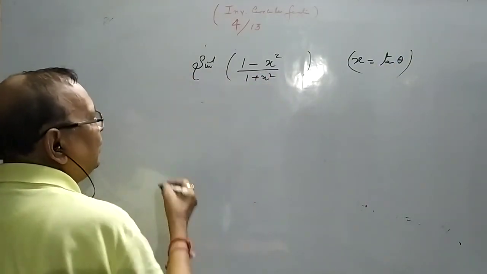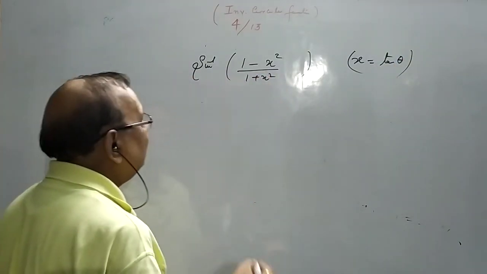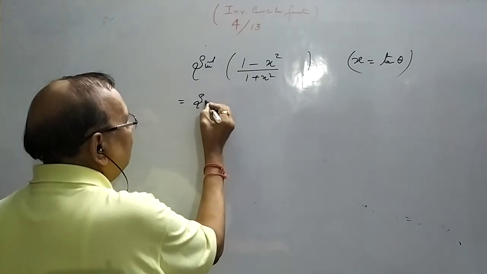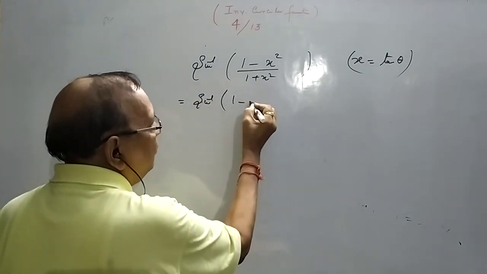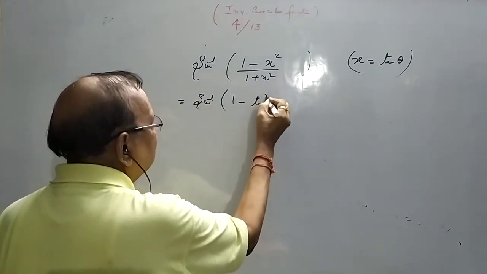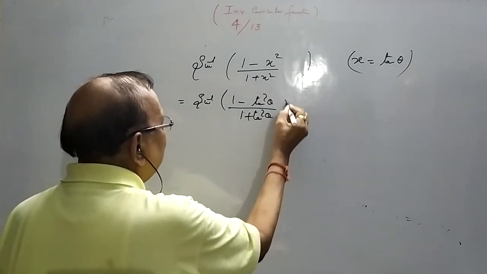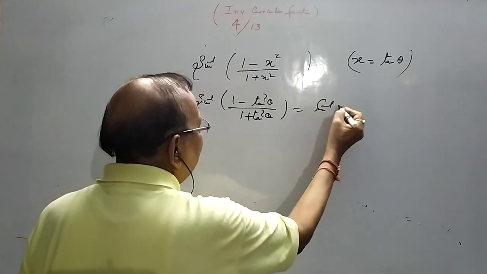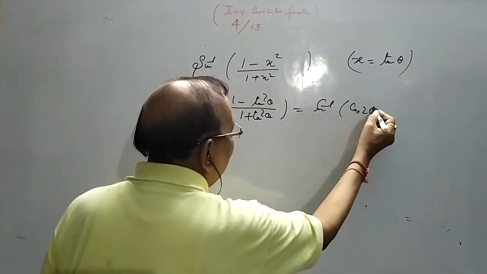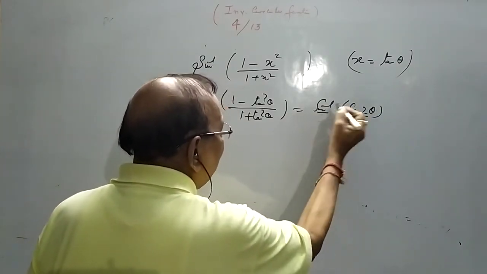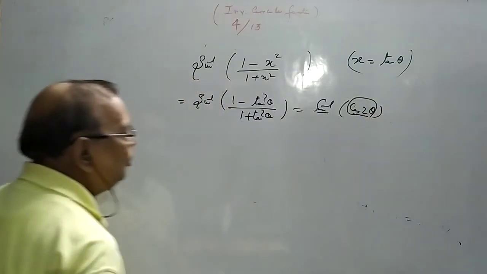Putting x is equal to tan theta, so that theta is equal to tan inverse x, we are getting sine inverse 1 minus tan square theta over 1 plus tan square theta. You have the formula sine inverse cos 2 theta. Here it is sine inverse, and here is cos. How will you convert?